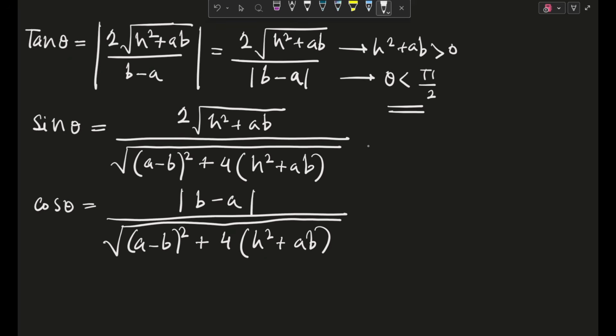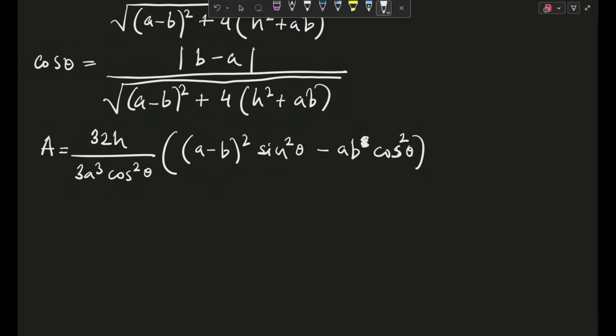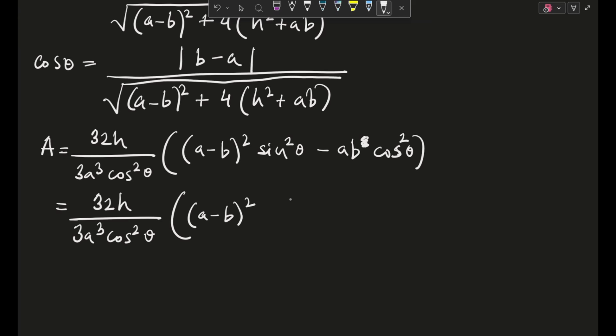So guys, if we now put it into the area equation that was given to us, I will write it down. This was the area equation they had given. Now if we put in the values of sine theta and cos theta that we found here, then this will be 3a cube times cosine square theta, and a little bit of calculation inside this, but don't worry, we have to do it. So a minus b whole square times sine squared theta, so this will be 4 times h square plus ab, and this thing is squared, so a minus b whole square.